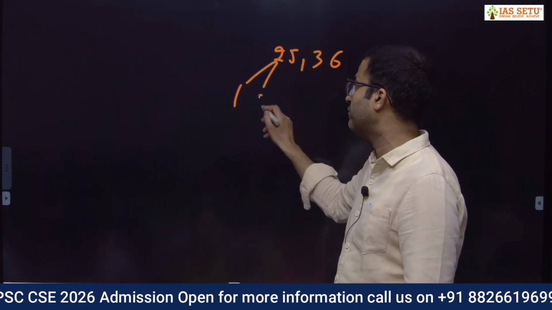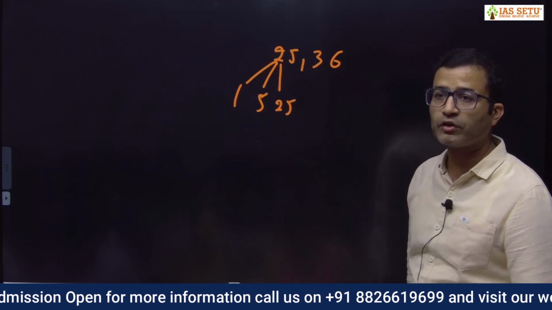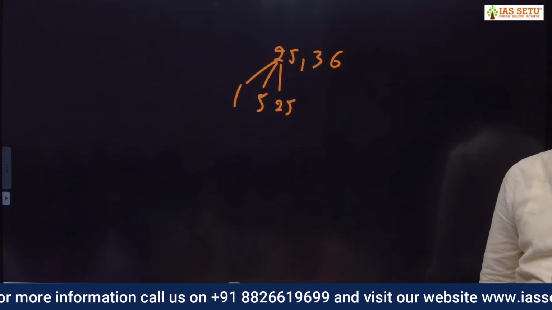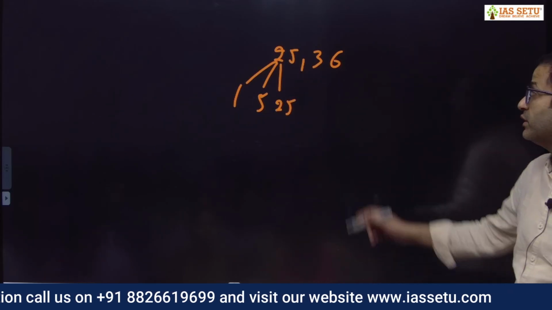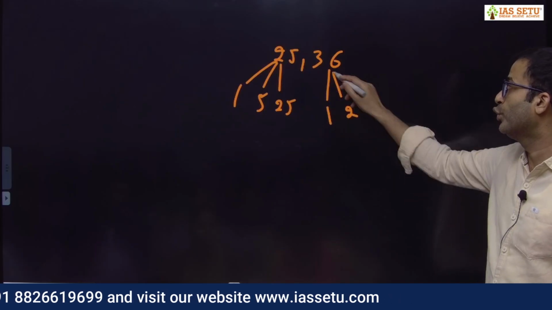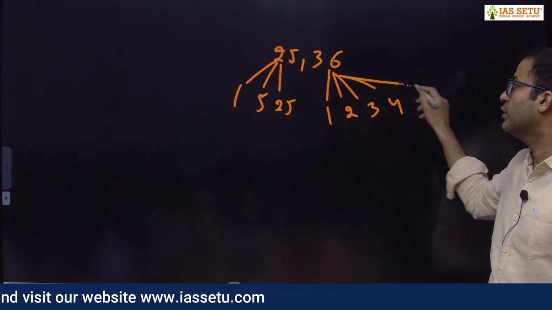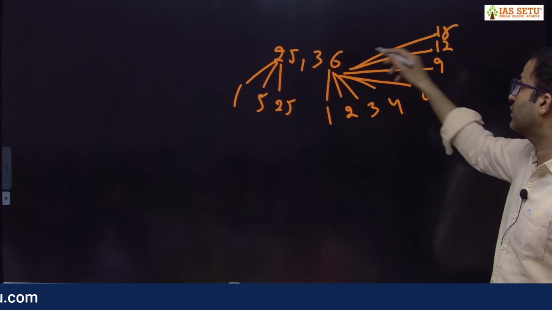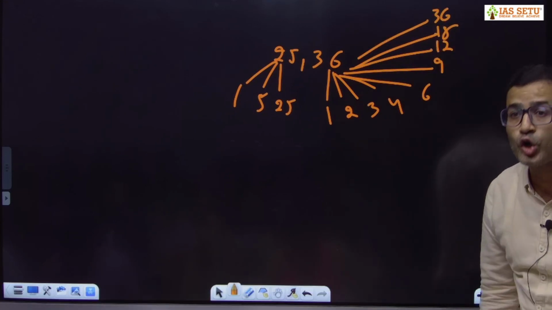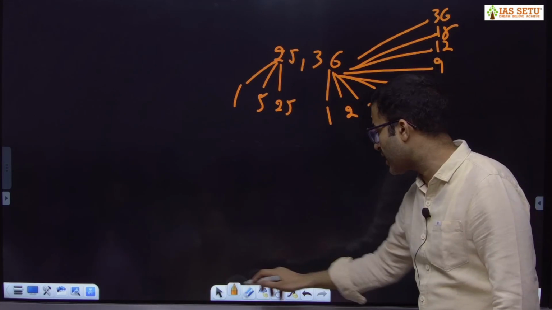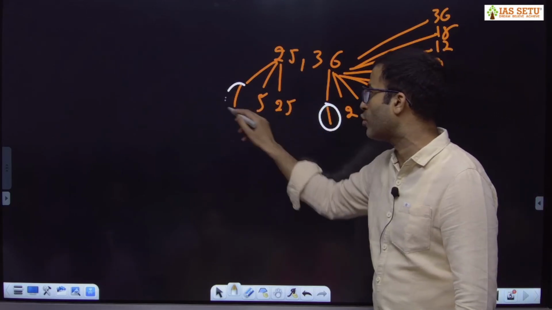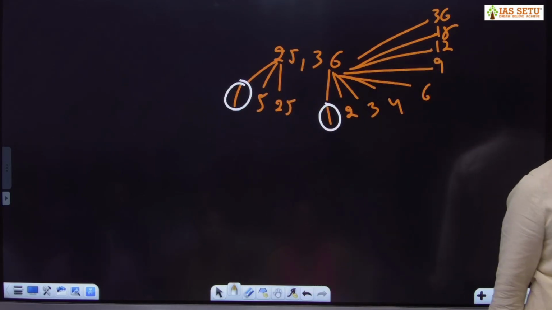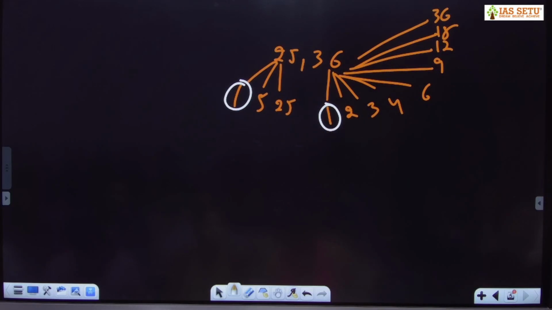We have 1, 5, 25. What are the factors of 36? You have 1, 2, 3, 4, 6, 9, 12, 18, 36. But tell me the common factor. Since they have only one as a common factor, that's why 25 and 36 are co-prime to each other.